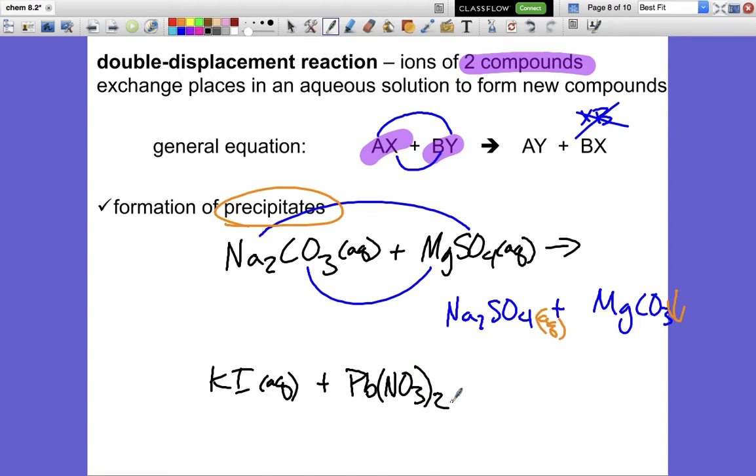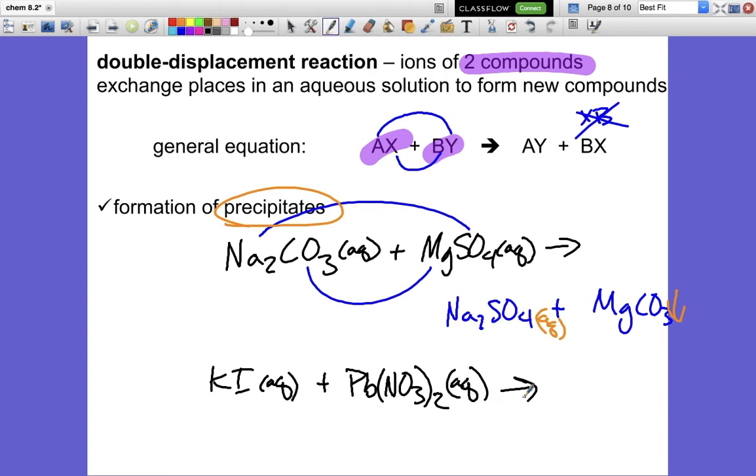Again, plumbous nitrate, lead-2 nitrate. You have to make sure you're paying attention to the charges on things. But this reaction is going to look a little bit different. Everything's the same technically. It's just going to look different because I'm not going to get a white precipitate. I'm going to get a different color altogether.